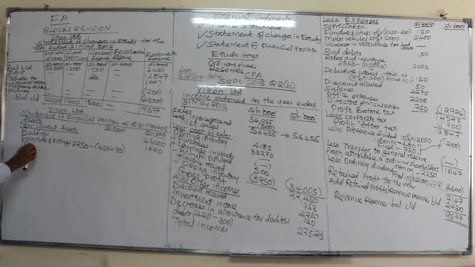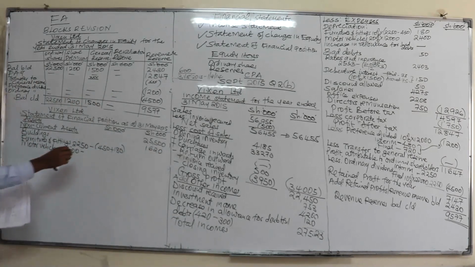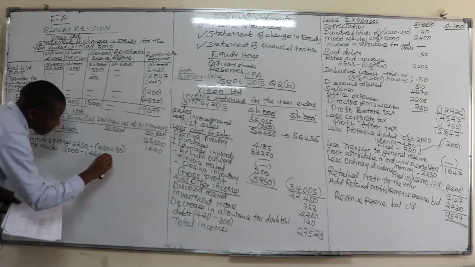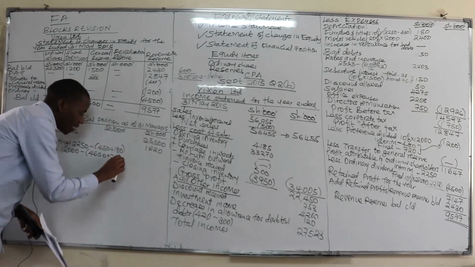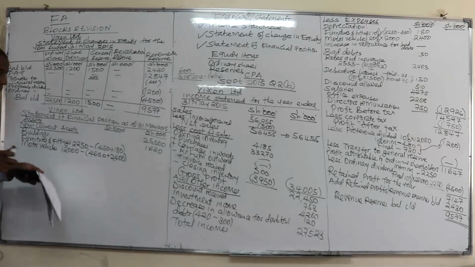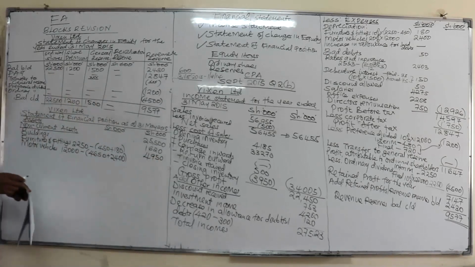We also have what we call the motor vehicles. The same case, we present them at their net book value. Motor vehicle, the cost was 12,000. You less the total accumulated depreciation. The accumulated depreciation was 4650, and depreciation for this year was 2400. So in that case, it will be 4650 plus 2400, then 12,000 minus answer, which in that case, it will be 4950.